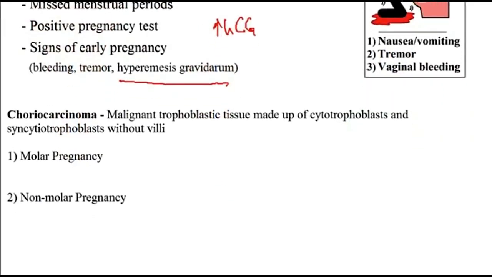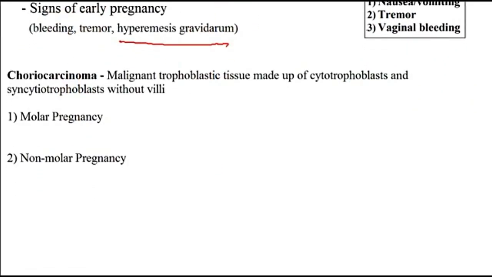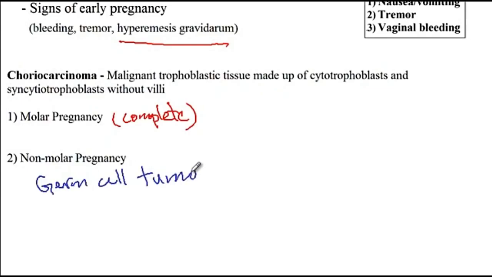And then the last one I would like to mention is choriocarcinoma, the risk of which is increased with the complete molar pregnancy. And choriocarcinoma is a malignant trophoblastic tissue that is made of a cytotrophoblast as well as syncytiotrophoblast. But then in addition to molar pregnancy, there are other forms of choriocarcinomas that can develop from germ cell tumors.